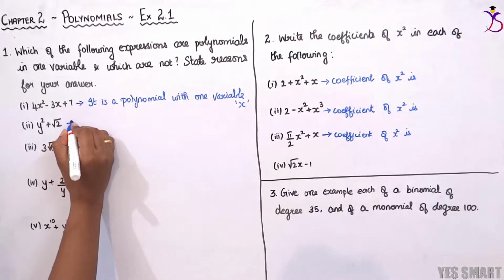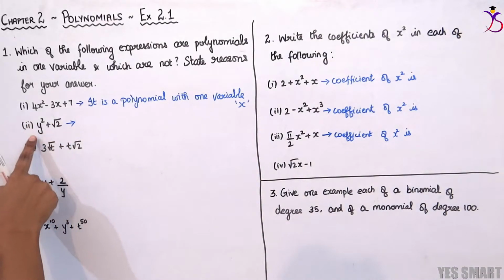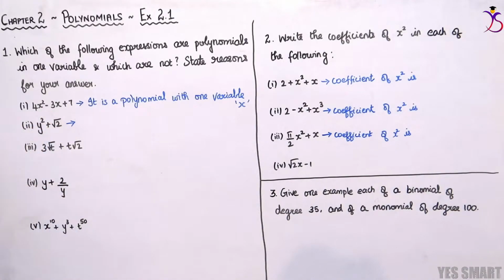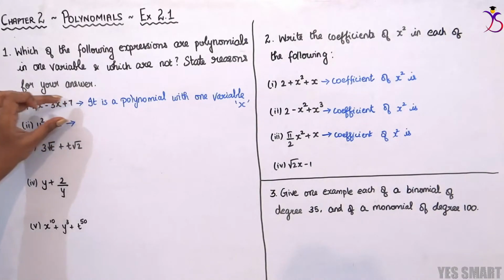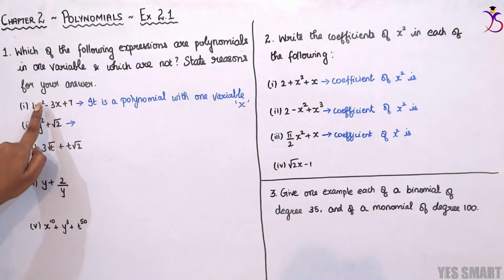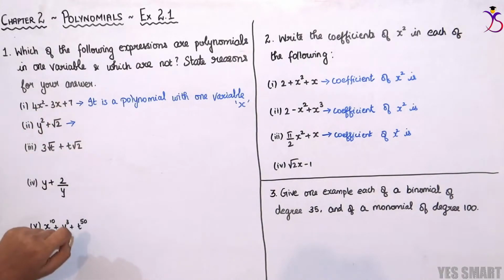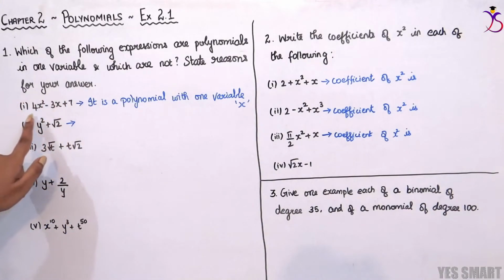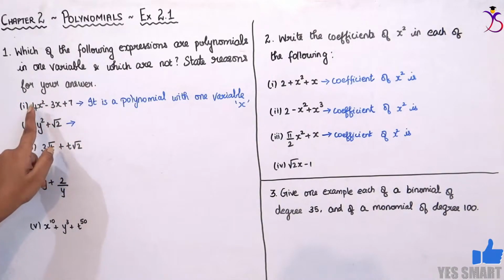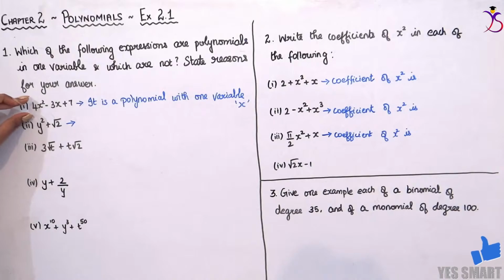Moving on to the second subdivision. First, let's look into the expression to confirm whether it is a polynomial or not. We already know that the degree of the expression matters for a polynomial. That is, the powers in the expression should be whole numbers. Looking at the first subdivision, the highest power in the expression is the degree.